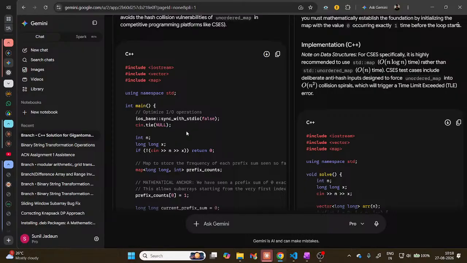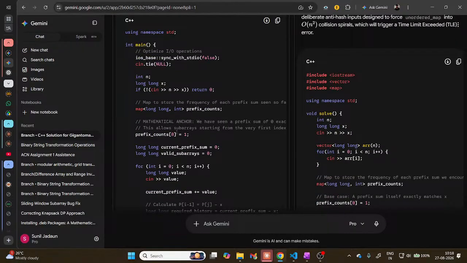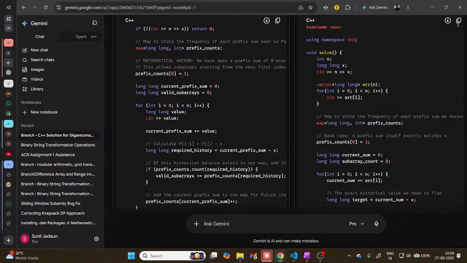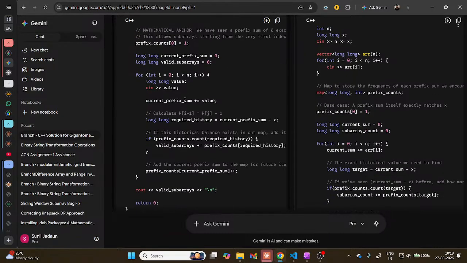How is it doing it? Prefix 0 is 1. Okay, the prefix counts map holds the prefix sum and its count. Prefix count of 0 is 1. Then the long prefix sum and valid sum variables. Current prefix sum plus equal to value. Long required is current prefix sum minus x.